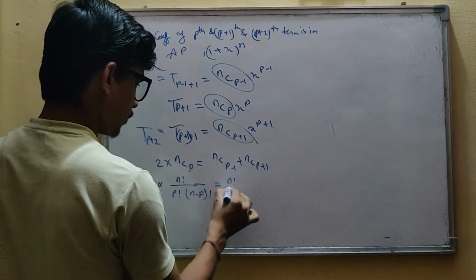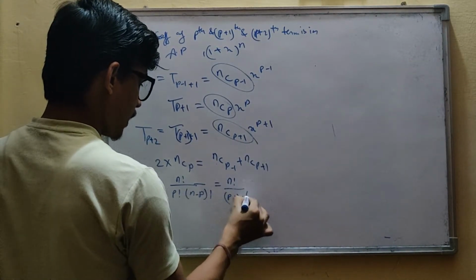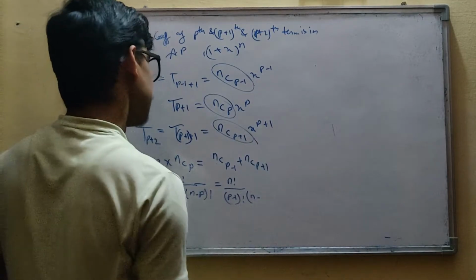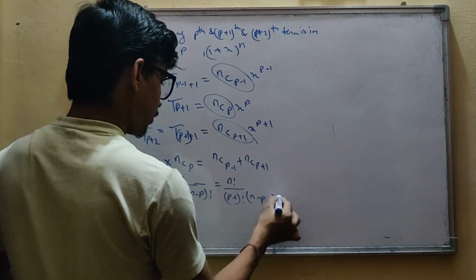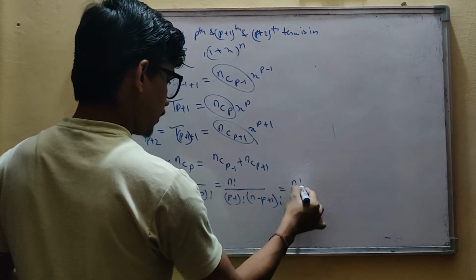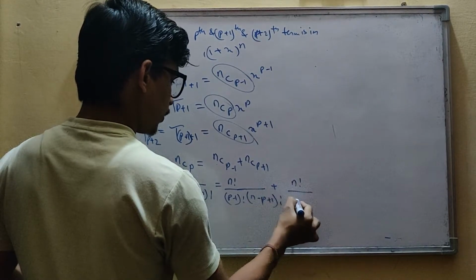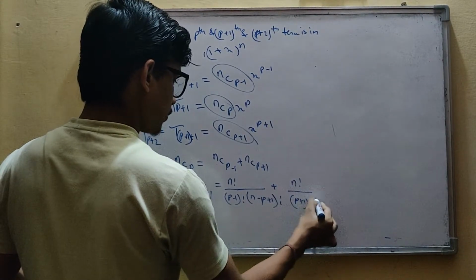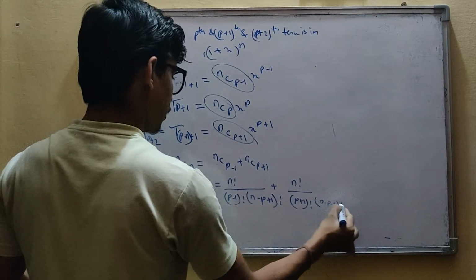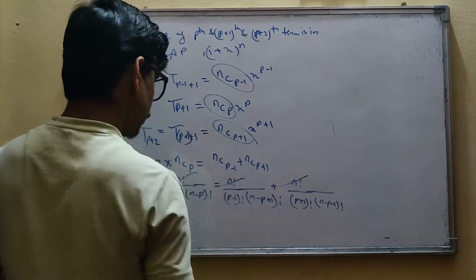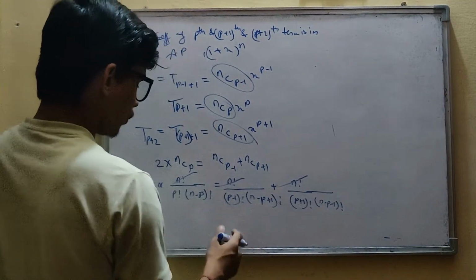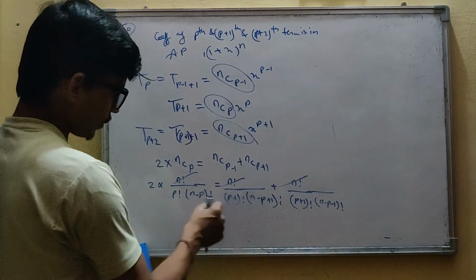This is n factorial upon p minus 1 factorial into n minus p plus 1 factorial. You can solve it, right? And n factorial upon p plus 1 factorial into n minus p minus 1 factorial. So this will cancel out, and the next thing, take common as per here, right?